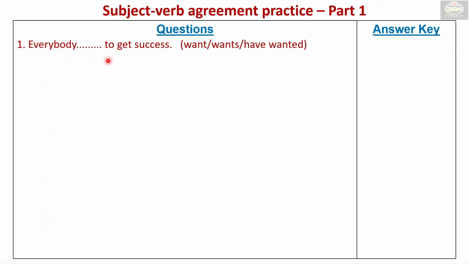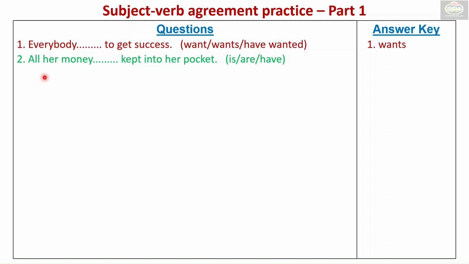Everybody wants to get success. Everybody is an indefinite pronoun and with indefinite pronoun we use a singular verb, that is wants. Next, all her money is kept in her pocket.